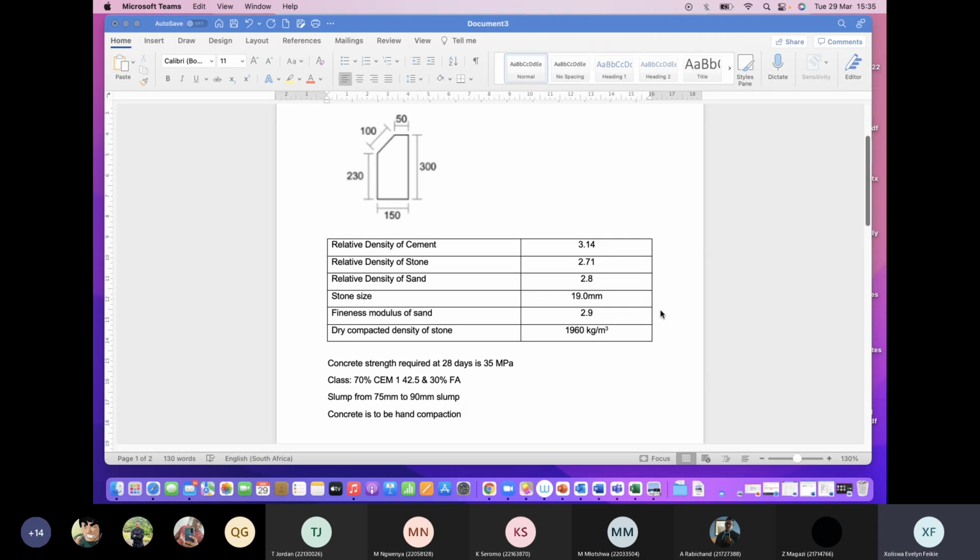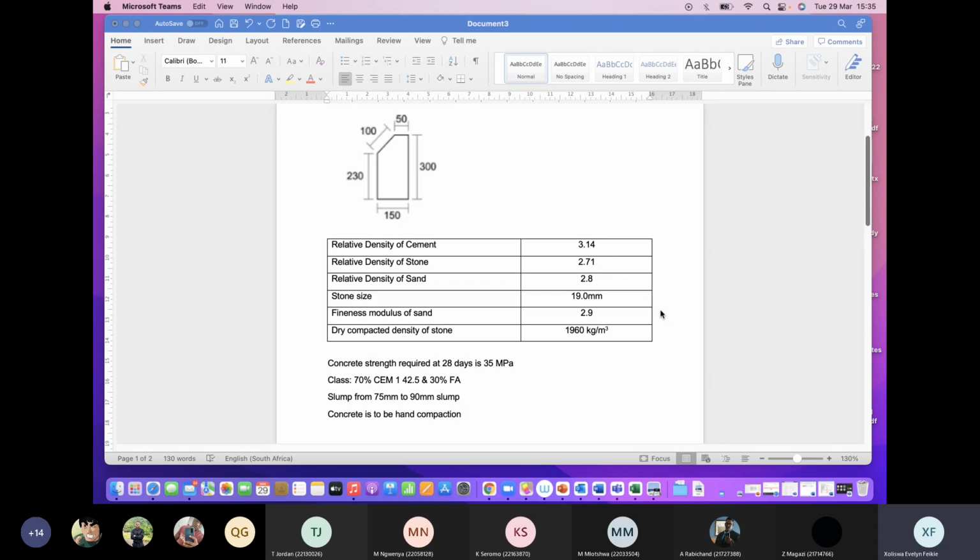The relative density of cement is also given, and the relative density of stone is also given. Therefore, you can apply this information on the formula, because even the volume of water in terms of liters you do have. You just substitute those values in the formula to get the volume of sand.